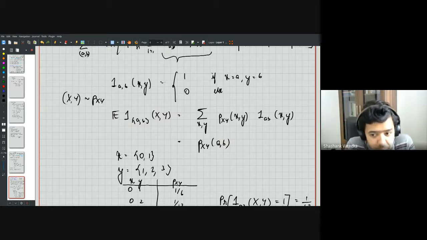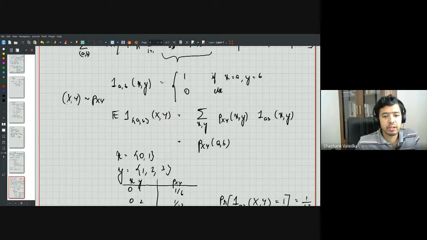So this is an important notion. It's just a trick. It's just a different way of looking at the fraction of times a particular pair of symbols occurs in a pair of sequences. Basically you write the fraction of occurrences as a sum of indicator random variables.